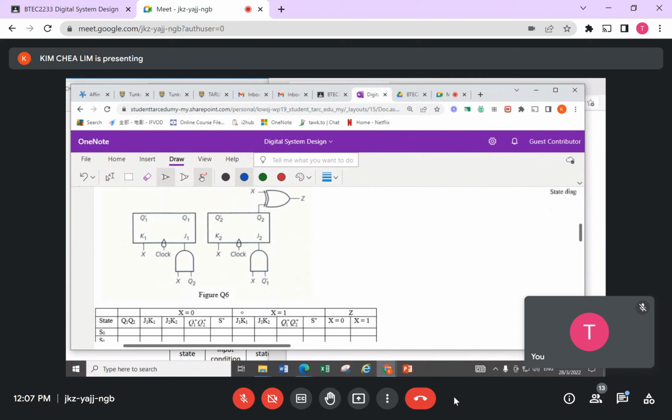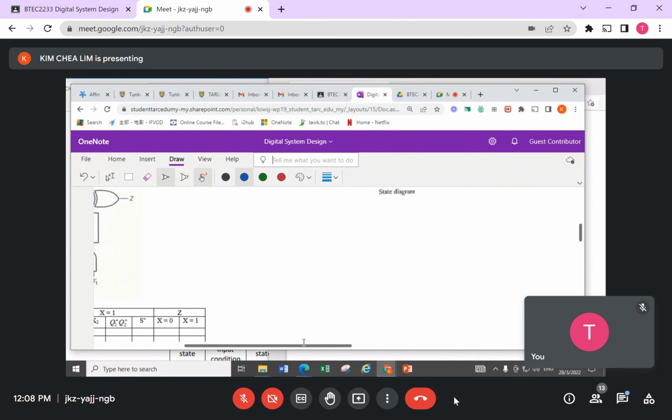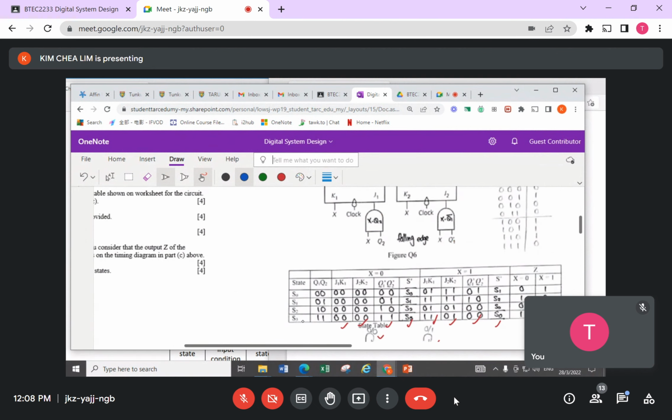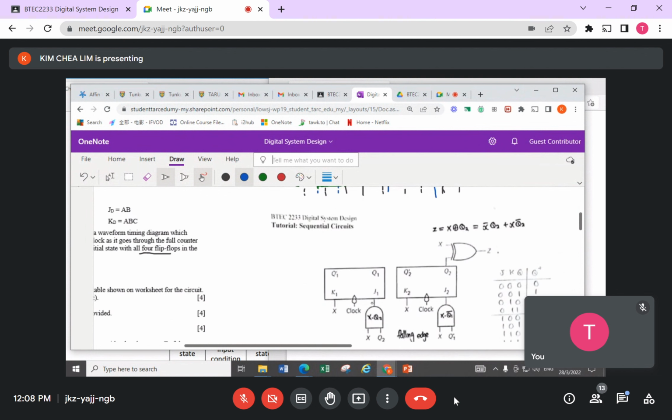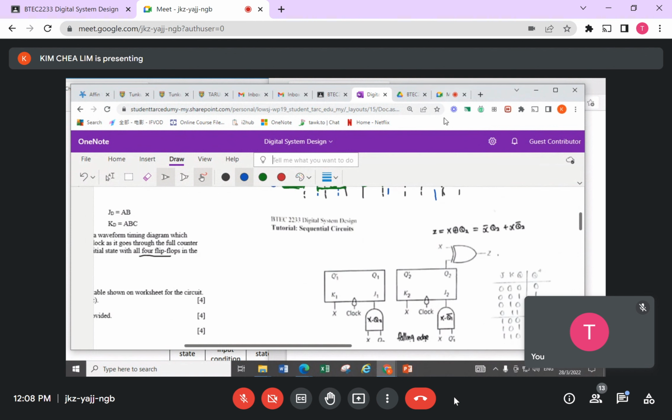It would be good for us to come out with the expressions for J and K here, rather than just look at the diagrams. So this is what Chang Wai is doing. He wrote down that Z is given by this equation, X XOR with Q2.